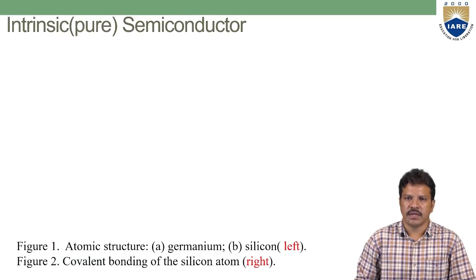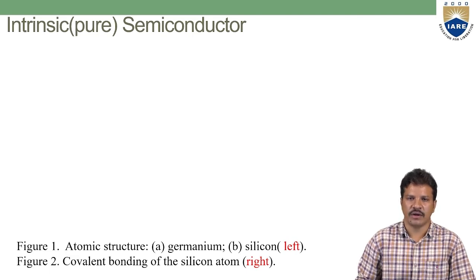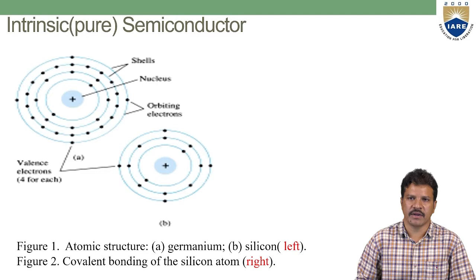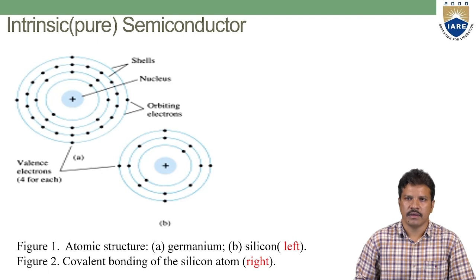First, we will see the classification of semiconductors. There are intrinsic semiconductors and extrinsic semiconductors. First, we will see intrinsic semiconductors, using the atomic structure. In this figure, there are two atomic structures.